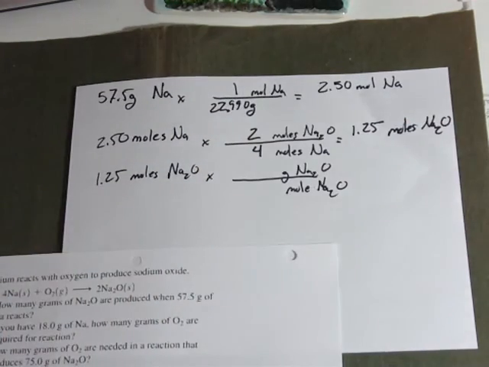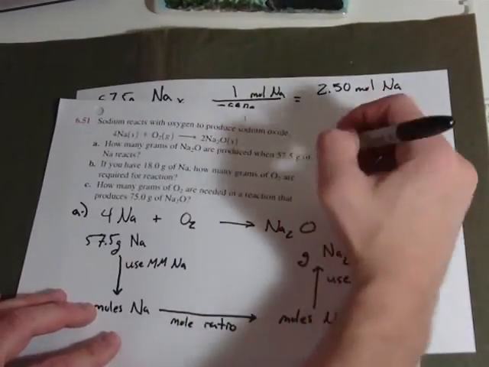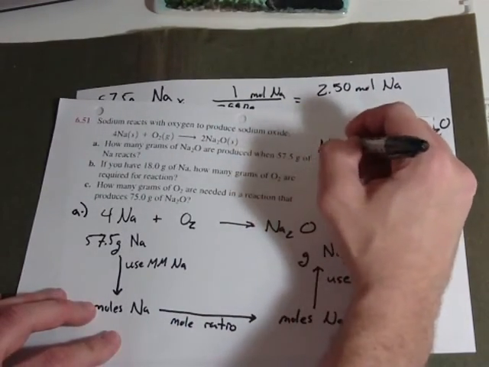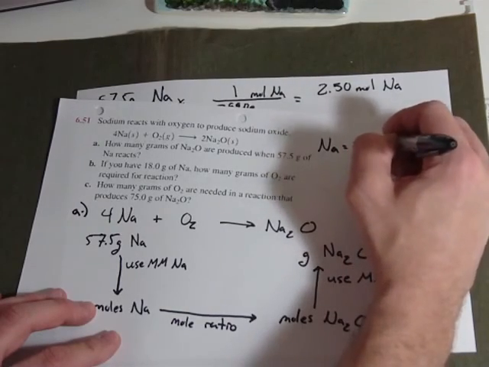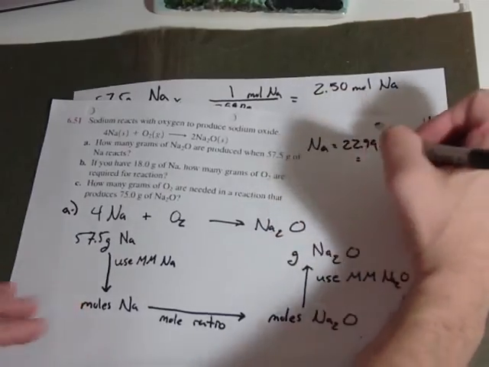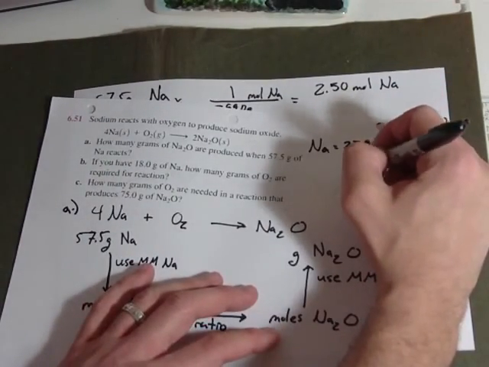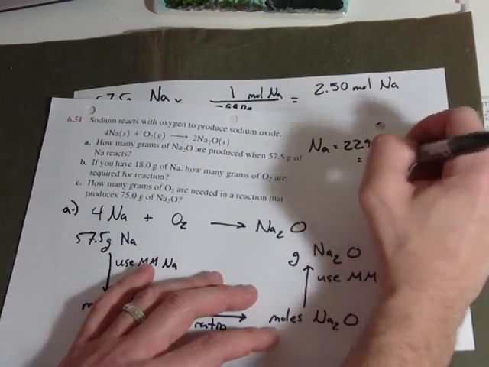So we need to figure out the molar mass of sodium oxide, and we'll just do that on a separate piece of paper. Na is 22.99. We have 2 of them, and that will equal 45.98.